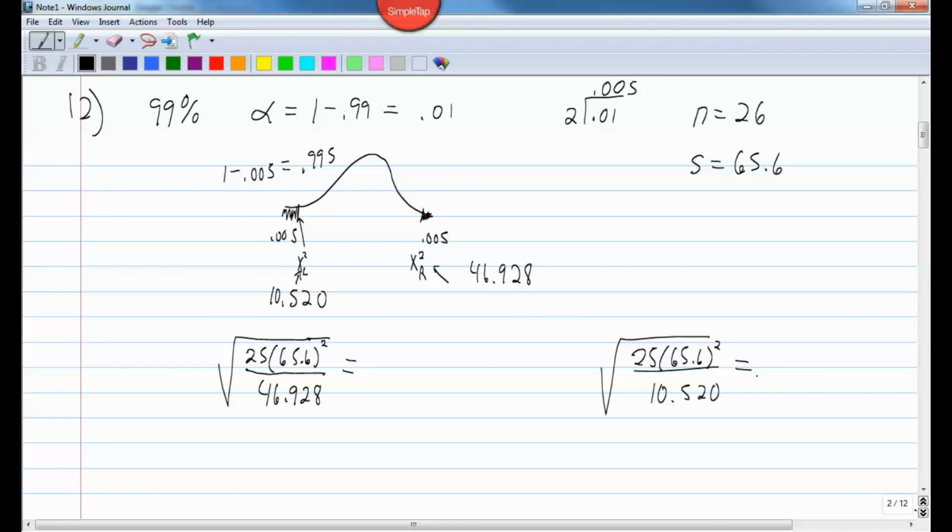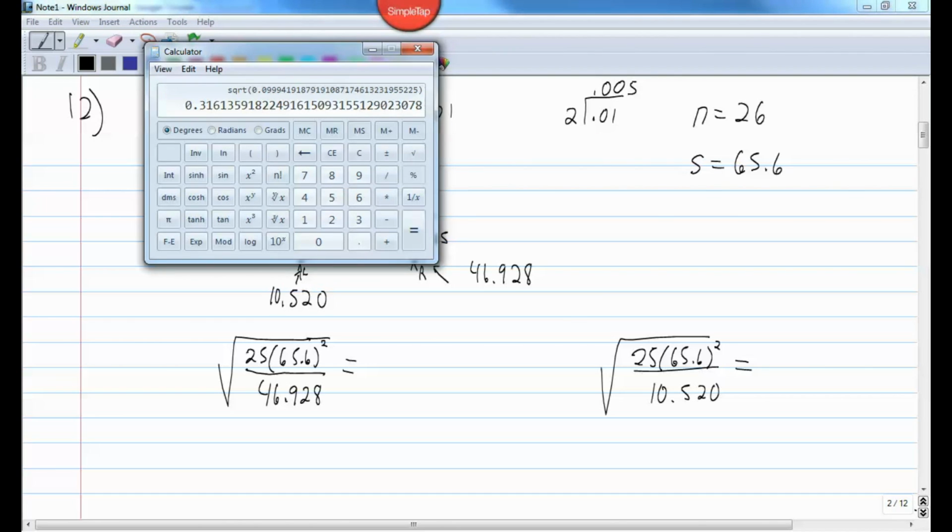Okay? So let's do those in the calculator real quick. I'm going to say 65.6 squared times 25 divided by 46.928, and then I take the square root of that. I'm going to round this to 2 decimal places. So my left endpoint of my confidence interval is 47.88.